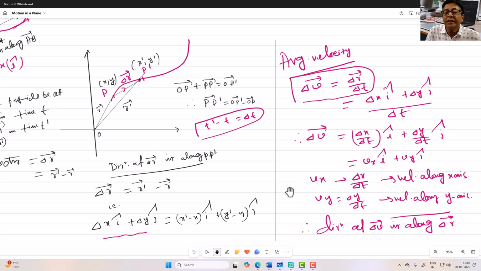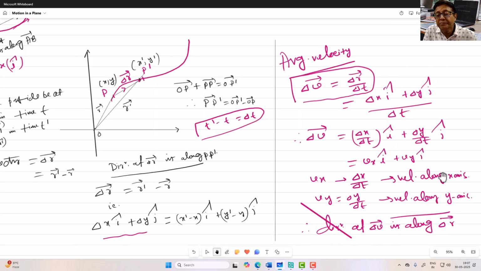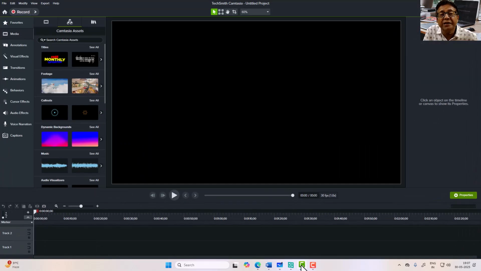What is instantaneous velocity here? Instantaneous velocity means velocity at a particular instant. We have to understand the case first, that instantaneous velocity.